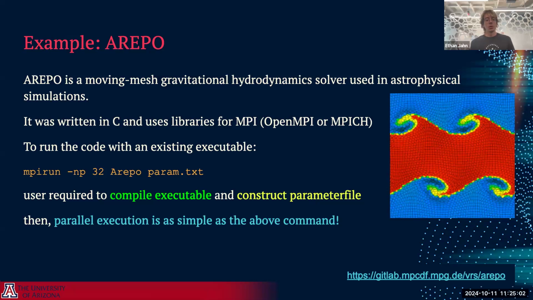But the parallel execution is as simple as invoking this mpirun command. So there are a handful of different things that the user needs to be aware of, but you don't need to go and actually write those communication protocols into your program. They've already been done for you, and you need to compile and execute with this command here.